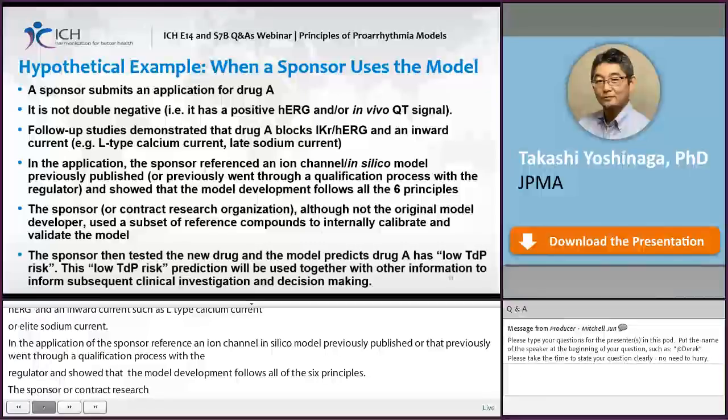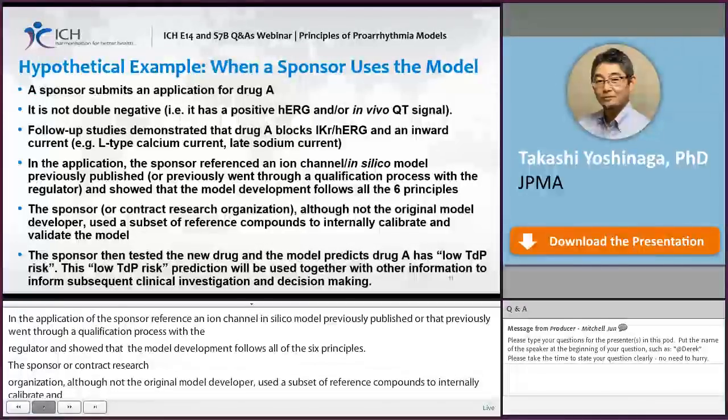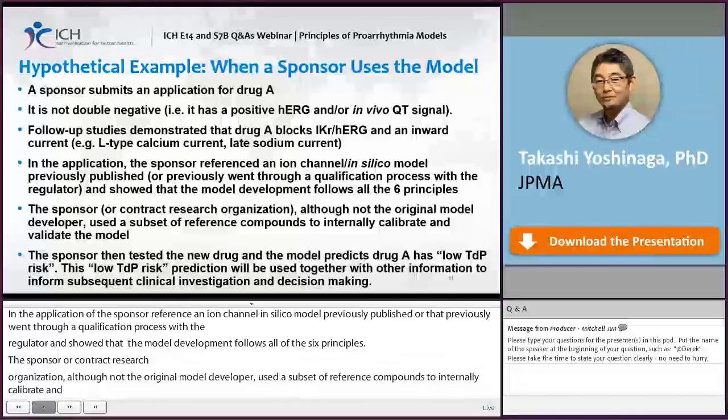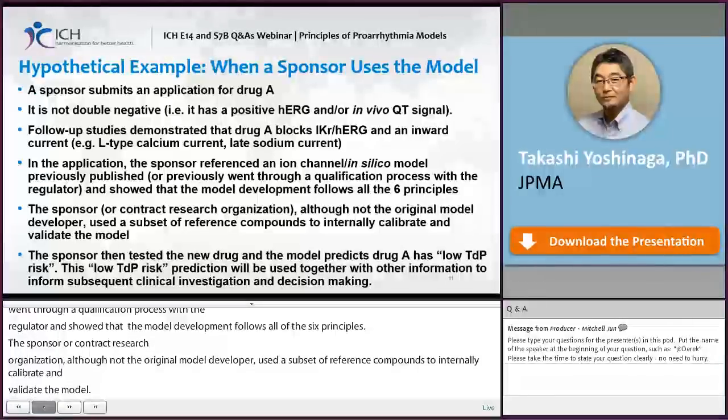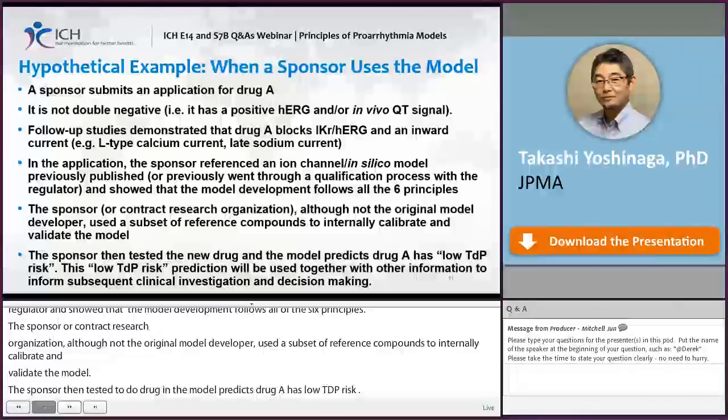The sponsor then tested the new drug and the model predicts drug A has low TdP risk. This low TdP risk prediction will be used together with other information to inform subsequent clinical investigation and decision making.